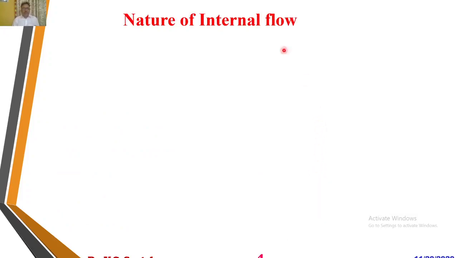Nature of internal flow. Whenever fluid is flowing through a pipe, tube or any constricted passage, depending upon the velocity of the fluid, the flow may be either laminar or turbulent.